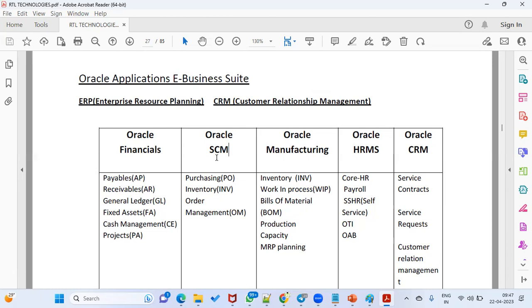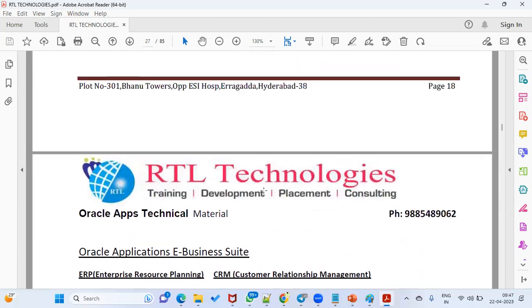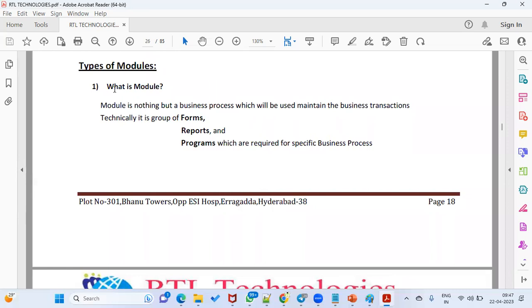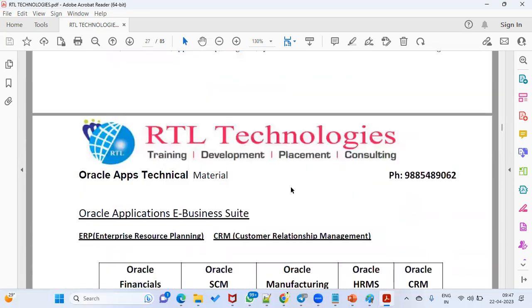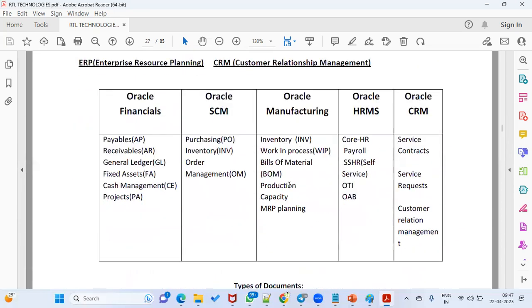But the companies will change the names according to their requirements in the particular options that they are going to provide. So this is about the definition of the module. What is meant by module? Functionally, what is the definition? And technically, what is the definition? And what are the different important modules which are regularly used in every project across the world?